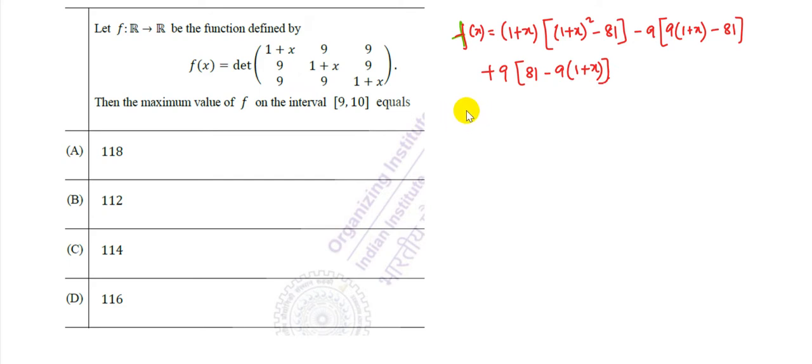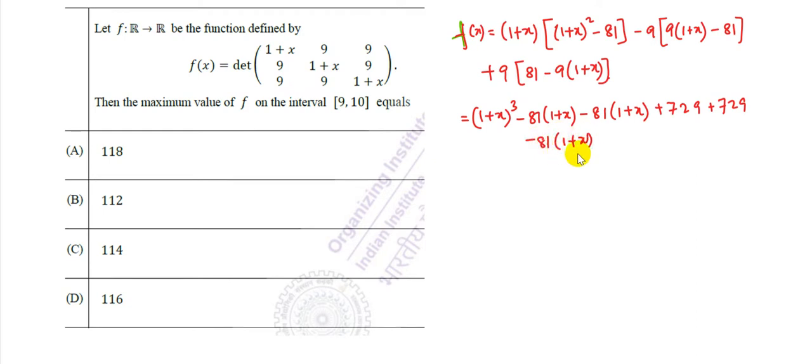So simplifying this, we get 1 plus x whole cube minus 81 into 1 plus x minus 81 into 1 plus x plus 729 plus 729 minus 81 into 1 plus x.